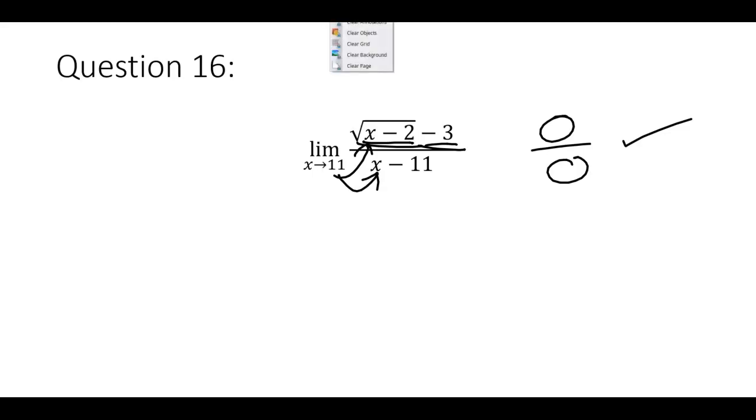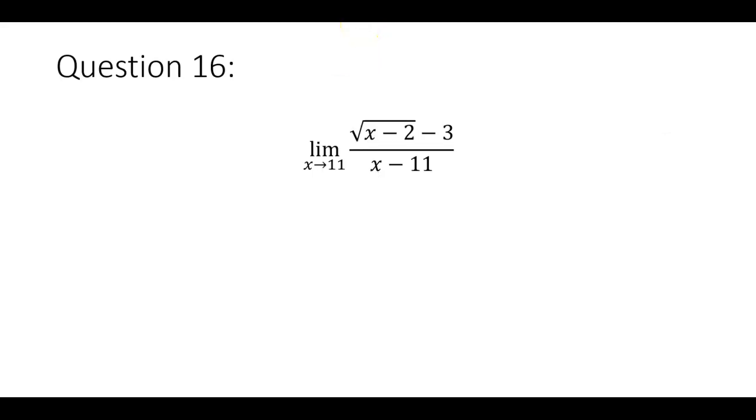And so I would recommend you just use the strategy that I shared with you when dealing with radicals, and that is to multiply by the conjugate. Now the conjugate is rewriting the same thing that has the radical on it, but with one little difference. Do you see the difference? Instead of minus 3, it's going to be plus 3.